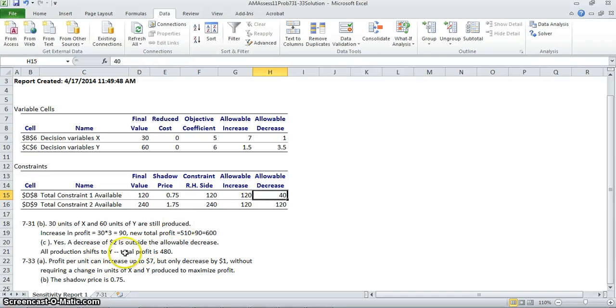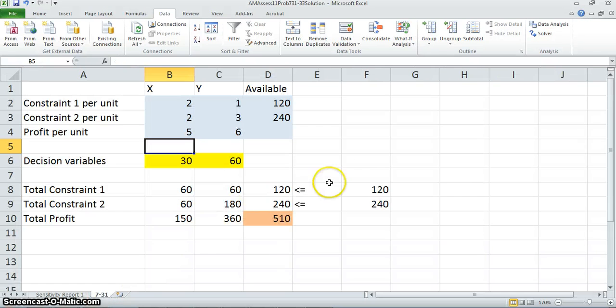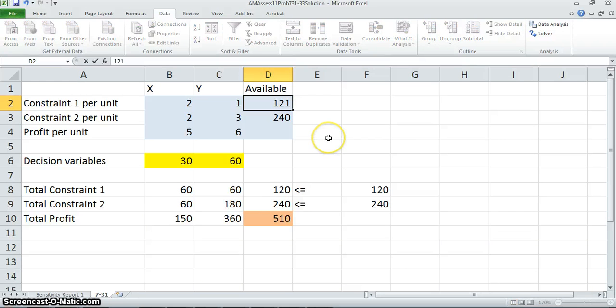Let's try this in the model. Well, we can tell what would happen to profit without changing the model, but it's useful to use the model to understand this. What if we increased constraint 1 by 1 up to 121? You can see I have this cell here linked to the assumption up at the top.